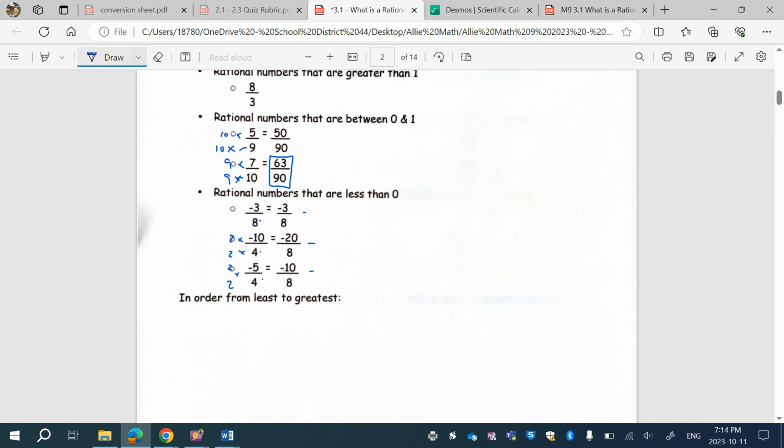Sorry about that. I'm going to keep it in this form, negative 10 over 4. And then do this one, negative 5 over 4. And then negative 3 over 8. Then our next smallest is the 50 over 90, so 5 over 9, and then our 7 over 10, and our last one, 8 over 3.